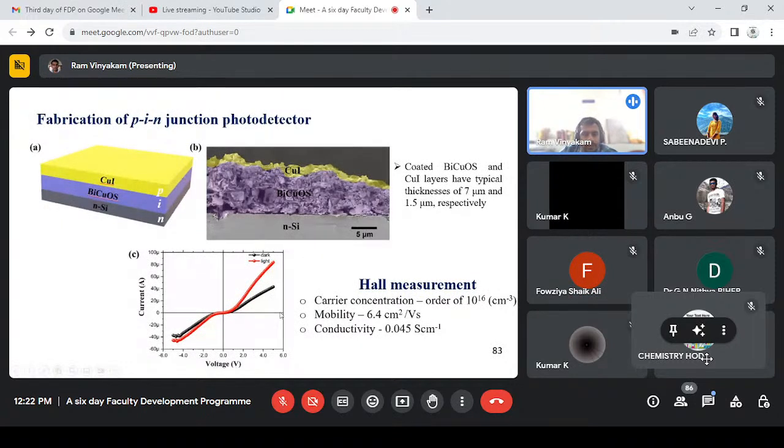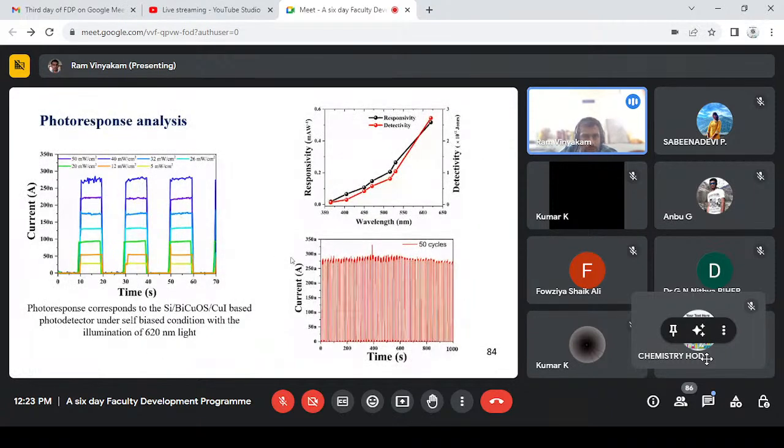And you can see here there is a difference in the reverse bias with light and dark conditions. This too we analyzed for self-powered operation, with different ranges.